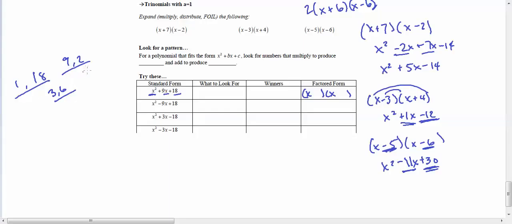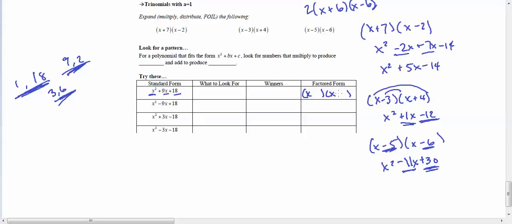Of these 6 different numbers, 1 and 18 has to be paired together, 9 and 2 paired together. Of these 3 different pairs, which can I add to get my middle number? I could have a 1 and 18 here, a 9 and 2, or a 3 and 6, but they need to add up to my middle number.